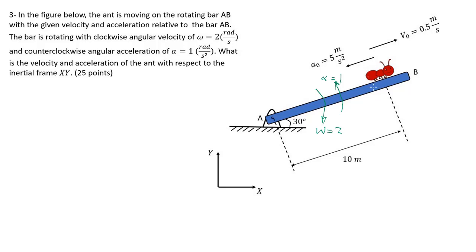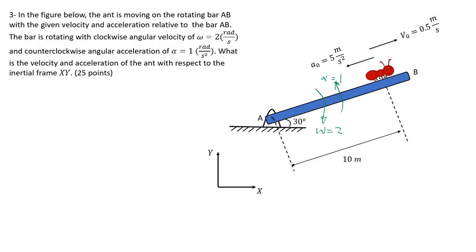So this is basically a particle moving on a rigid body. This ant is not a point of the rigid body anymore. So we have to use our formula that we derived for a particle moving on a rigid body that is rotating.